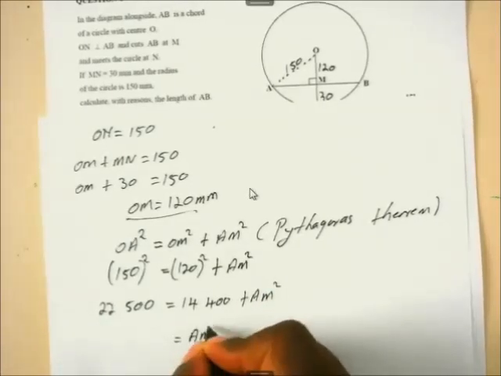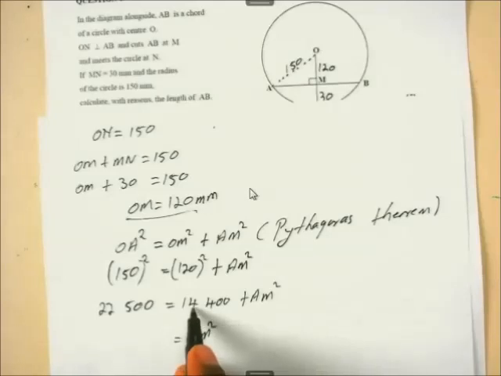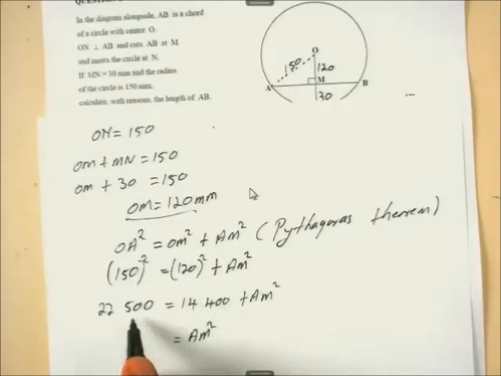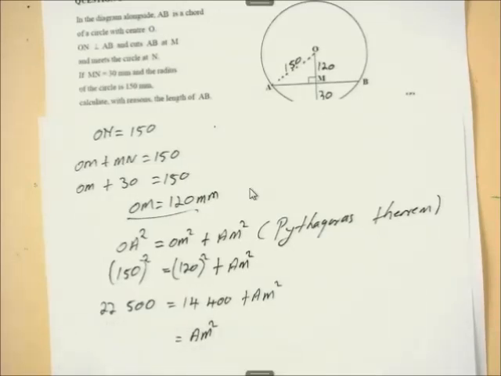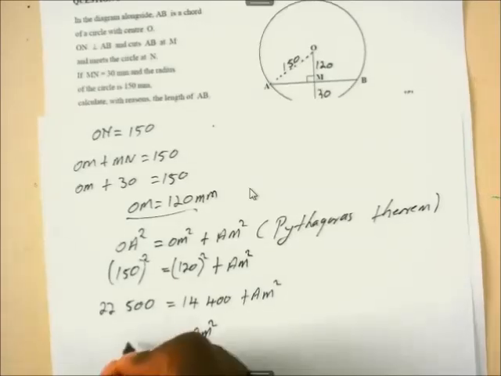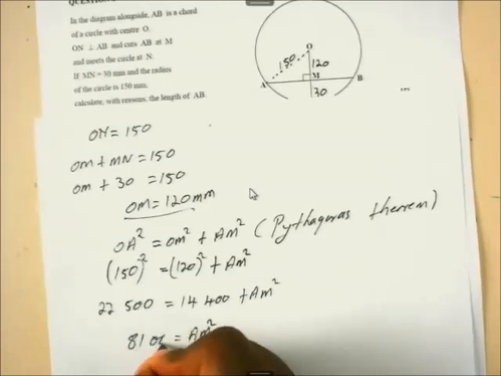Now it becomes easy to determine AM squared. We group the like terms. You transpose 14,400 to the left. Then you have 22,500 minus 14,400, and the difference is 8,100.